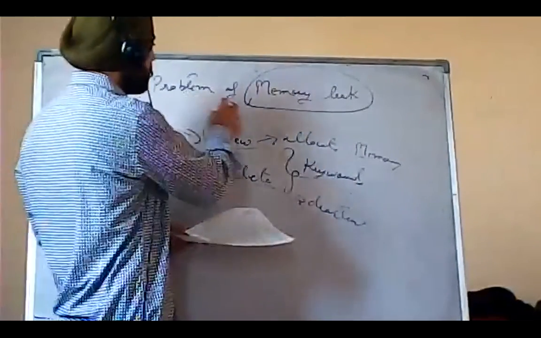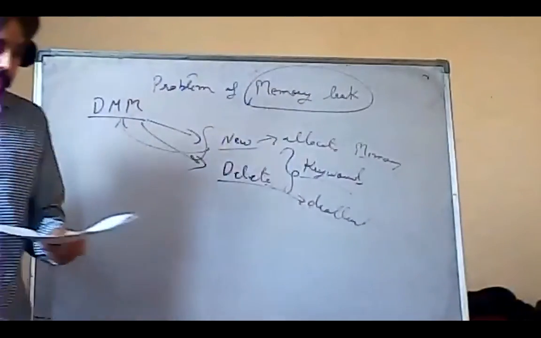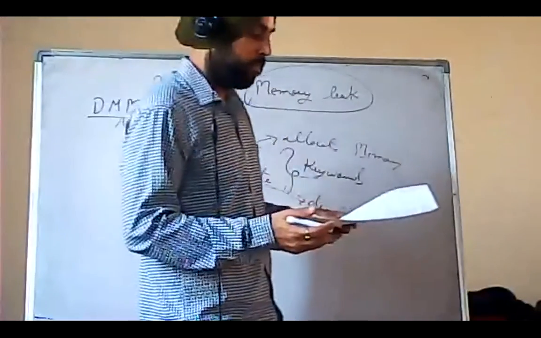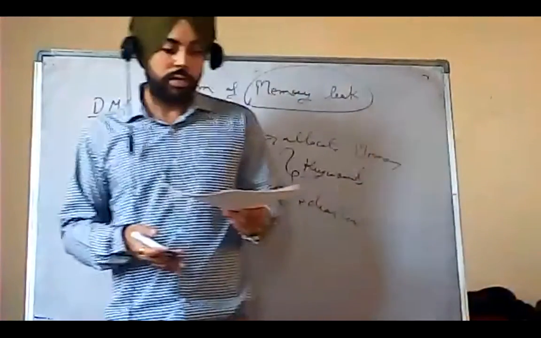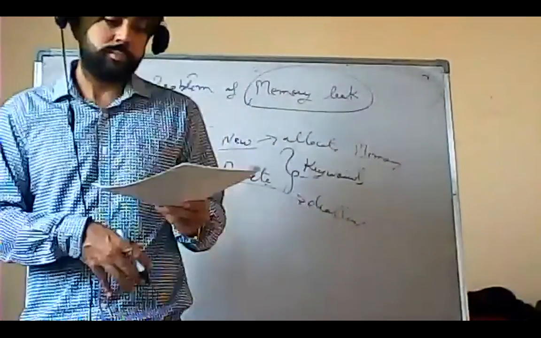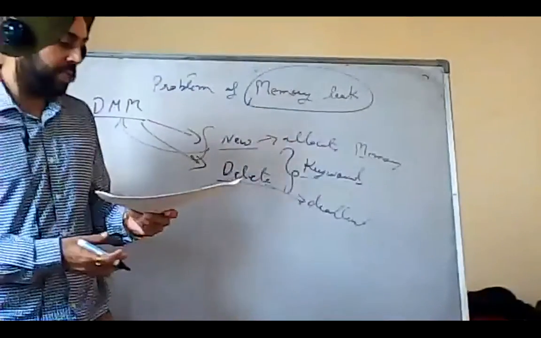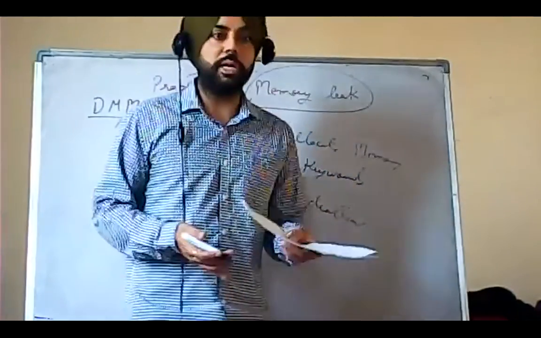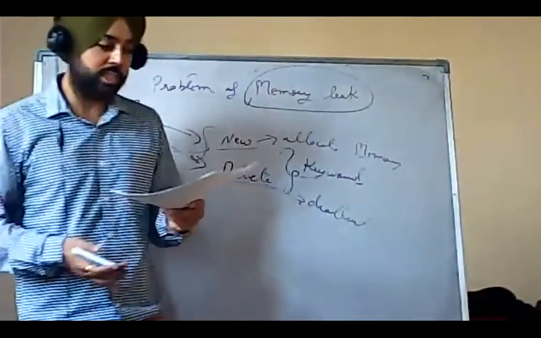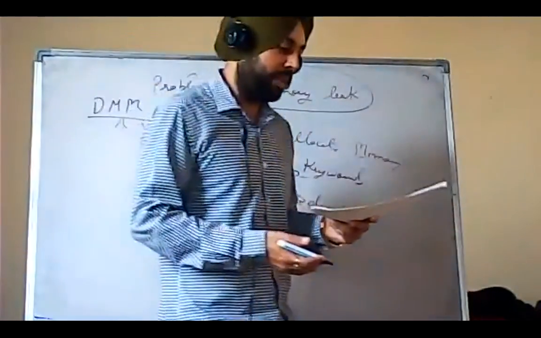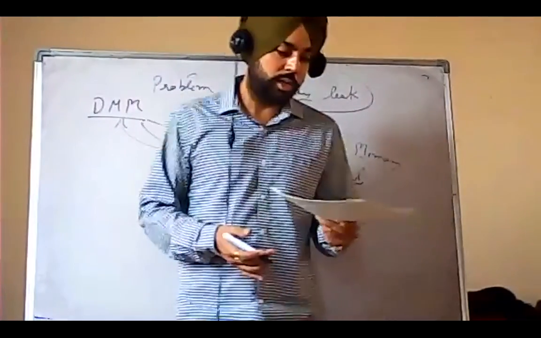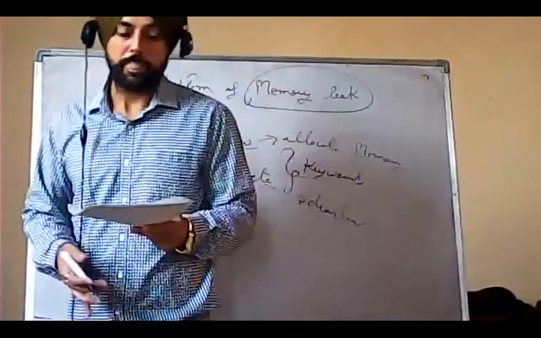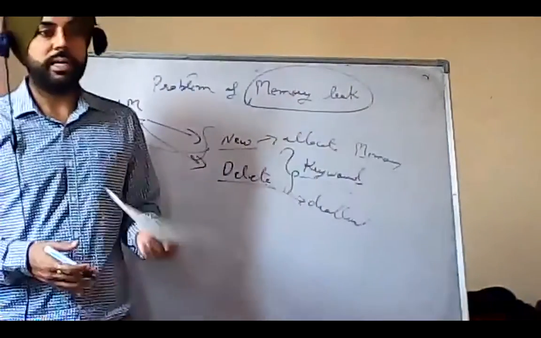So our problem is memory leak. Memory leak is the situation where the programmer fails to release the memory allocation at runtime in a particular module or in a particular program. So in this case, the new operator assigns memory, but the user does not use deallocation of memory.